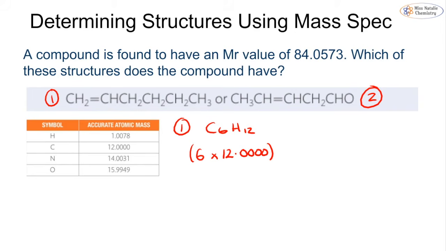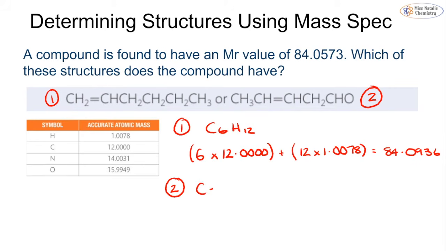Now, of course, 12 is the standard that everything else is measured from, which is why that is bang on 12 without any extra decimal points. And the 12 hydrogens is going to be 12 times 1.0078, and that gives us a mass of 84.0936. So that, of course, is not the correct answer.